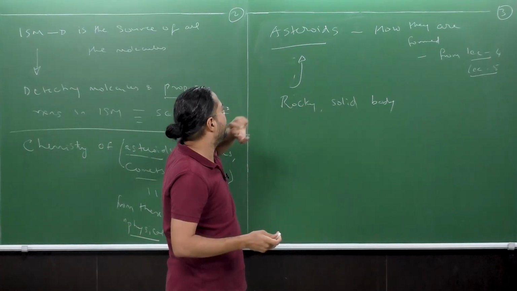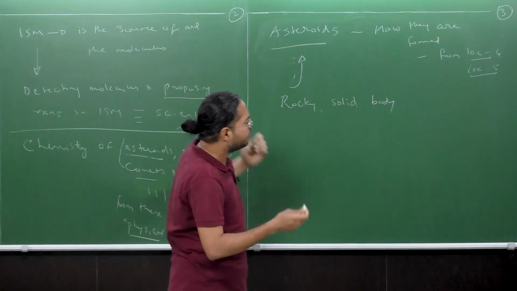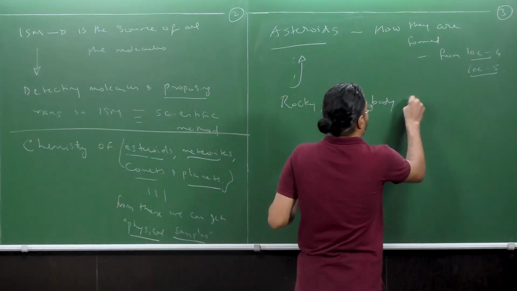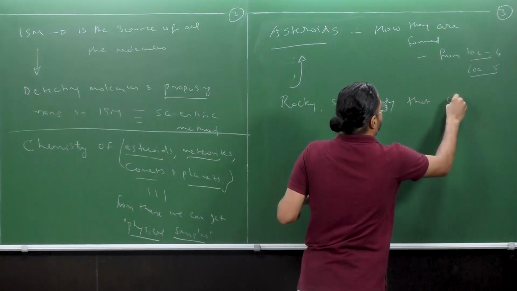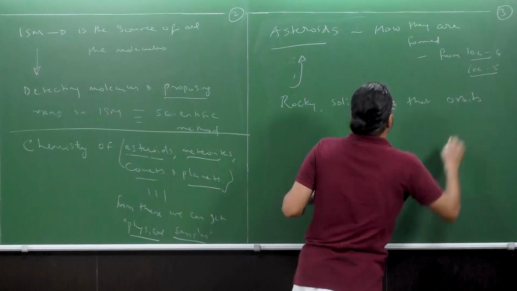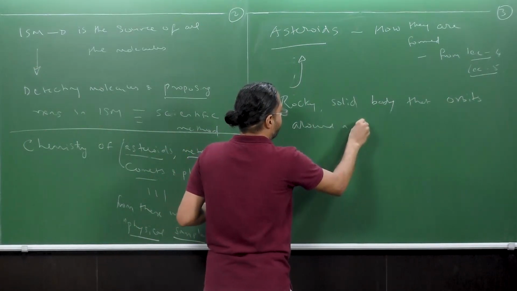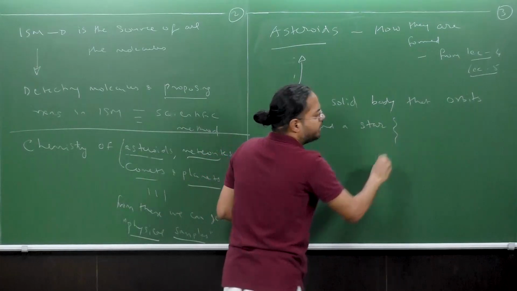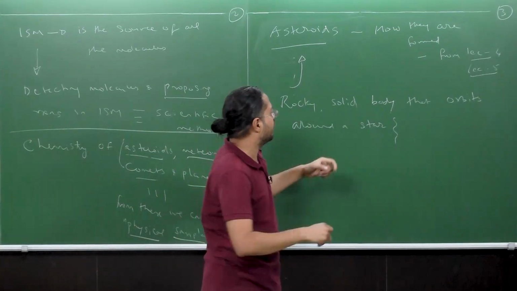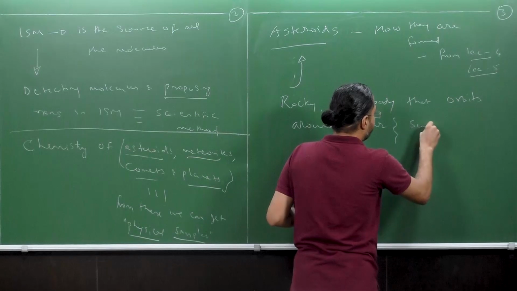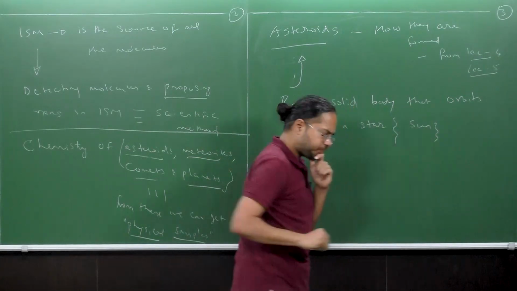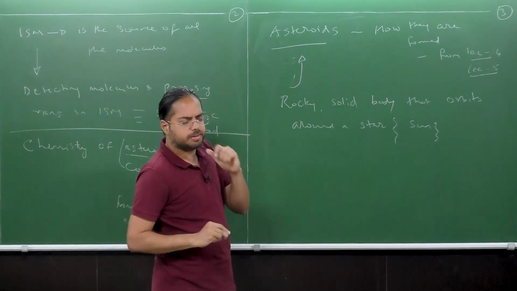In general, an asteroid is something that orbits around a star. In the case of our Milky Way galaxy, we're talking about the sun. So that's an asteroid.